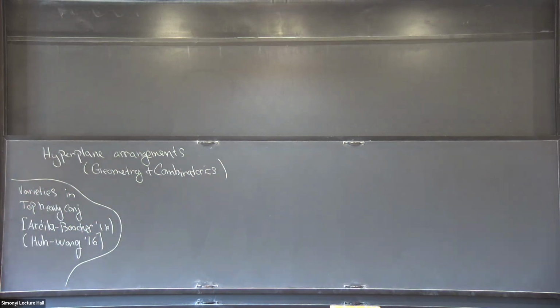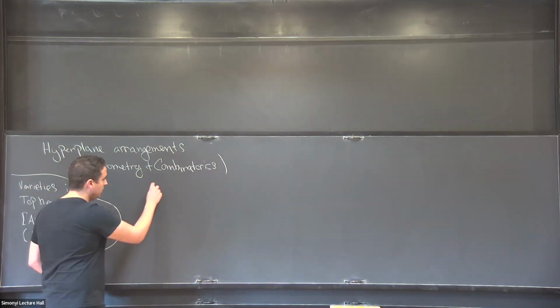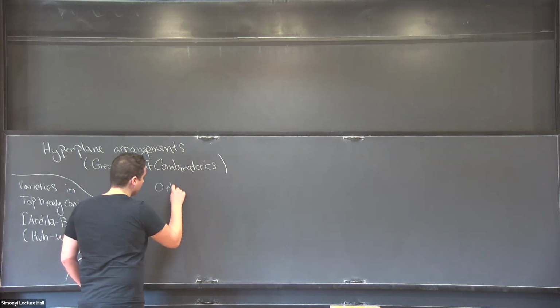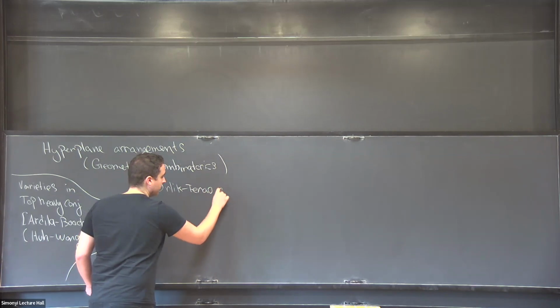Another place where you can observe this interaction is in the cohomology of the complement of an arrangement of complex hyperplanes. This is the well-studied Orlik-Solomon algebra. And in 2001, Terao introduced what I'll call a commutative version of it, which is known as the Orlik-Terao algebra.